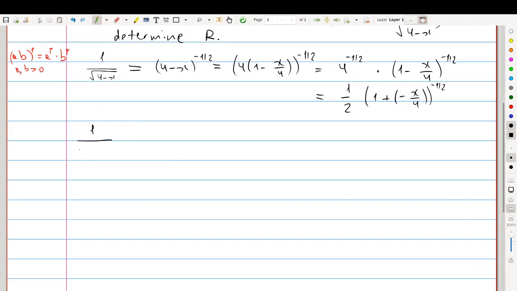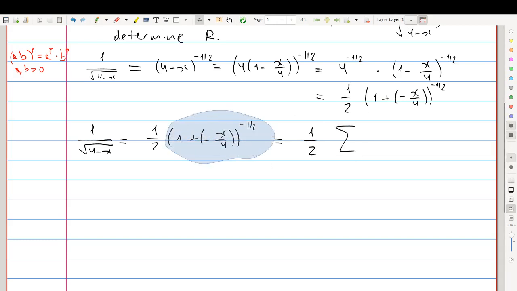So let's go ahead and do the substitution. We have 1 over the square root of 4 minus x equals 1/2 times (1 plus minus x over 4), everything to the minus 1/2, and this is equal to 1/2 times the expansion for this expression.